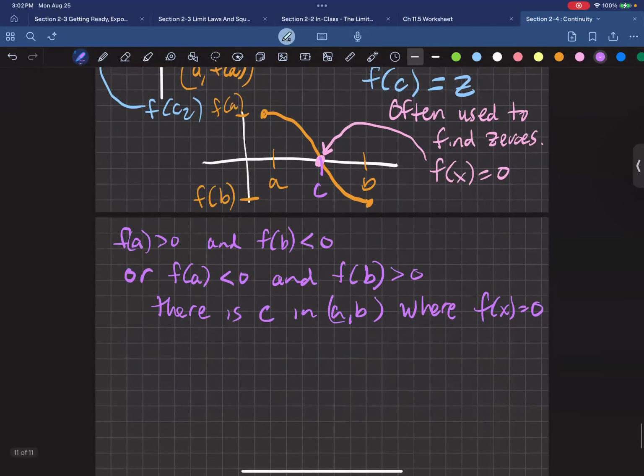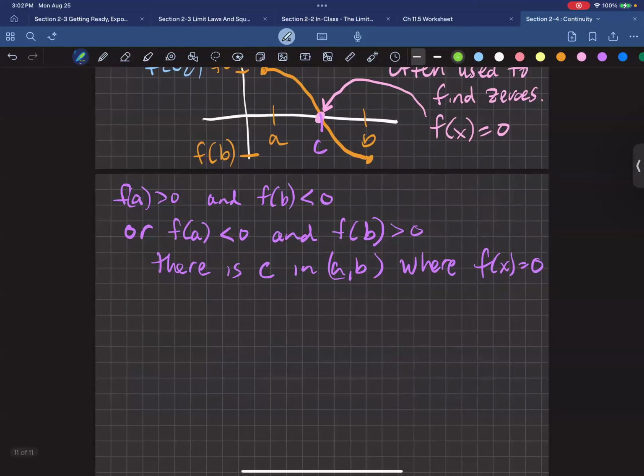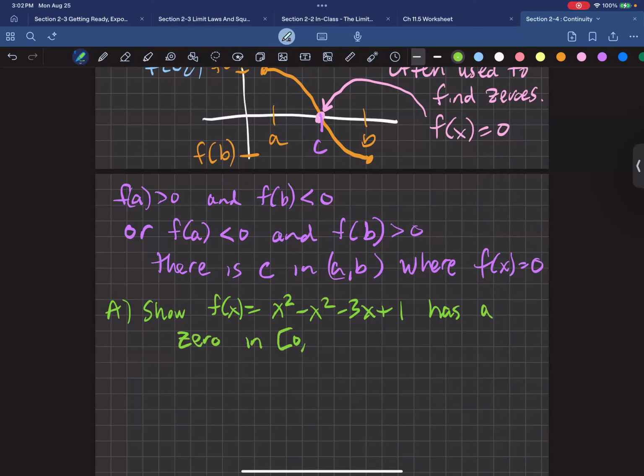So let's do an example where you see that in play. Let's show that f of x equals x cubed minus x squared minus 3x plus 1 has a 0 in (0, 1).